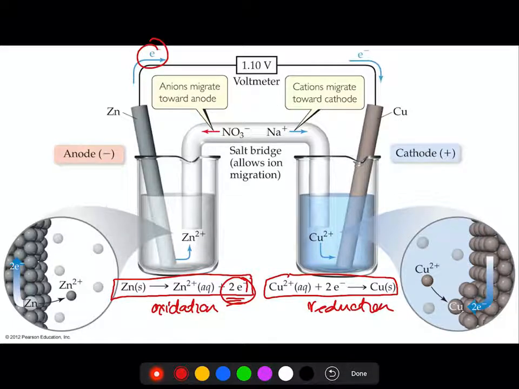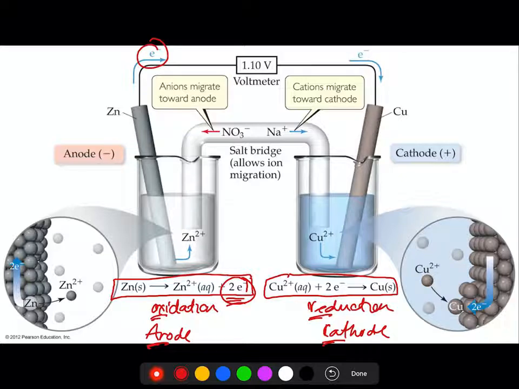In terms of dividing these up, our anode is where oxidation occurs, and our cathode is where reduction occurs. There is a little phrase that people like to use: red cat and ox, as in reduction happens at the cathode, oxidation happens at the anode.